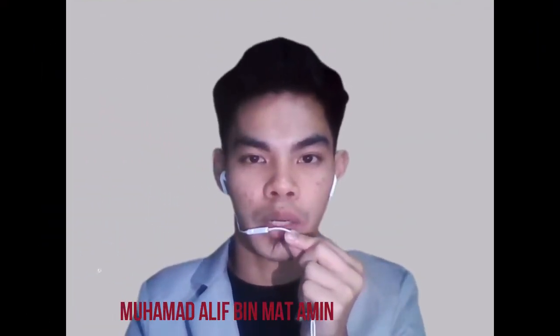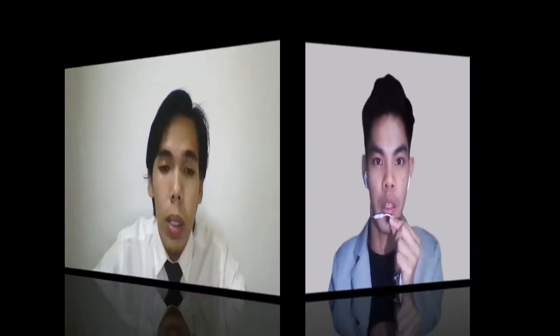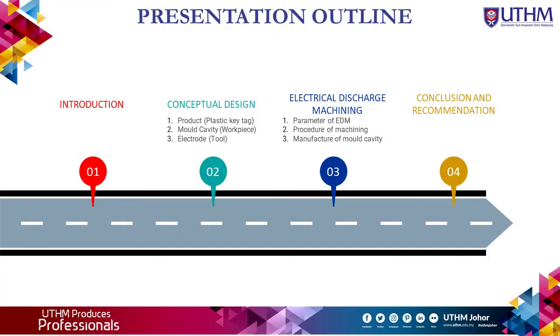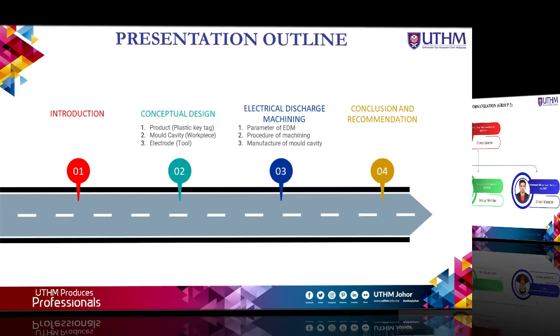My name is Muhammad Alif bin Ma'amin and my matric number is AD170048. Assalamualaikum warahmatullahi wabarakatuh. My name is Amir Ami bin Abdul Razak with the matric number AD170177. The presentation outline consists of introduction, conceptual design, electrical discharge machining, and finally conclusion and recommendation.